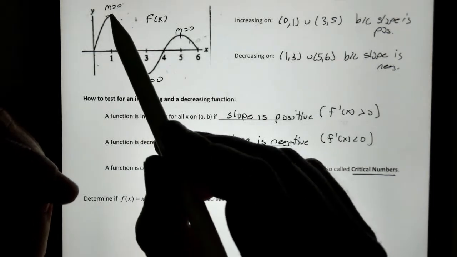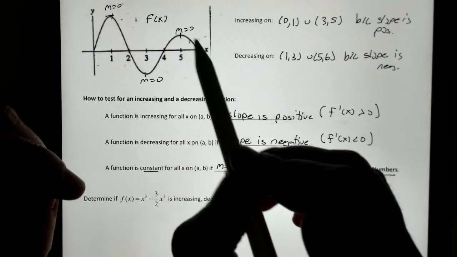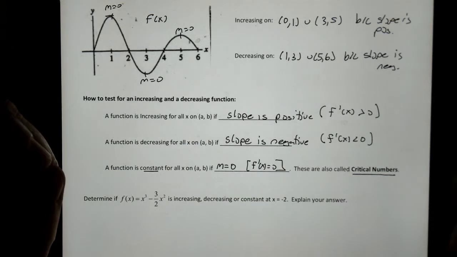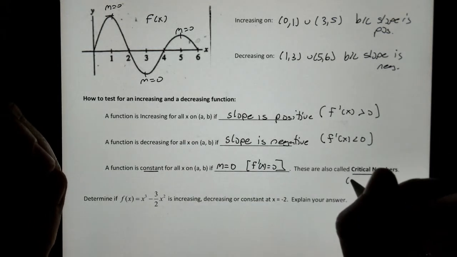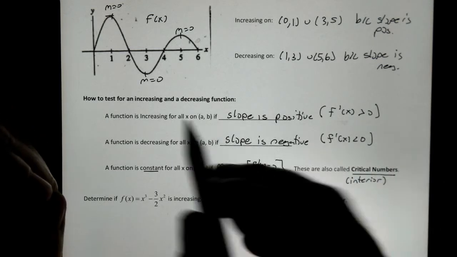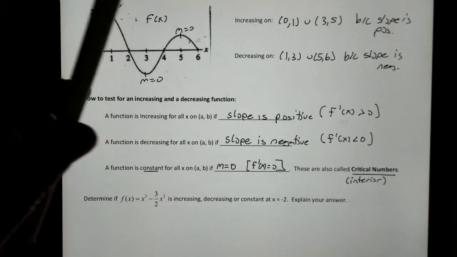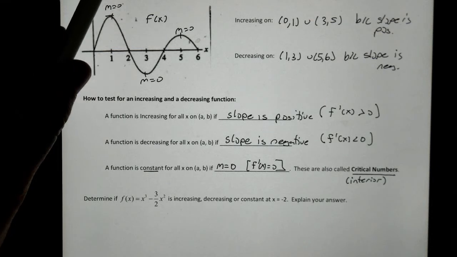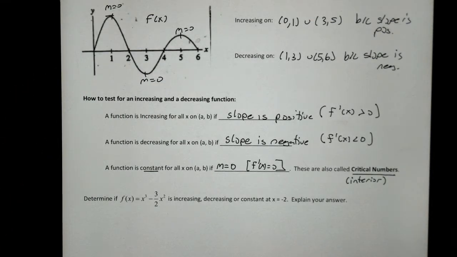These are points on the interior of the graph where the function could be changing direction. And we talked a little bit about that yesterday, that critical numbers are on the interior of our function. And it's at the interior where the function is going from a positive slope to a negative slope. So finding these critical numbers does become very important for us later on today.